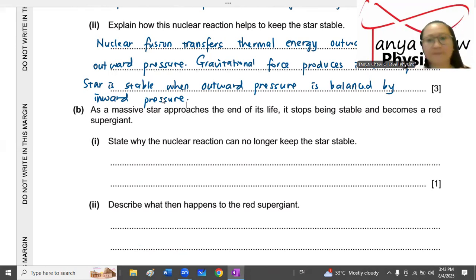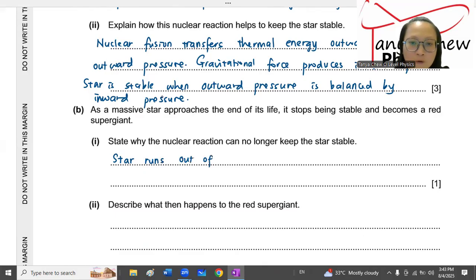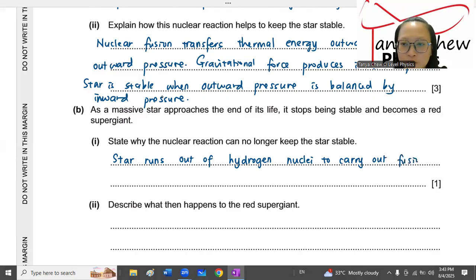So I would say that why the star is not stable, it is because star, okay, runs out of hydrogen nuclei to carry out fusion.